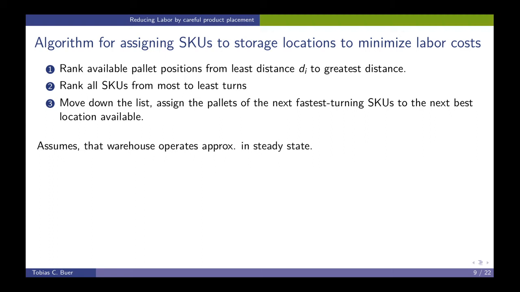And then we just take the first pallet position and assign it to the first SKU in these two lists. We take the second pallet position and assign it as a storage location for the second SKU, and so on. When we do this, we can minimize the labor costs.